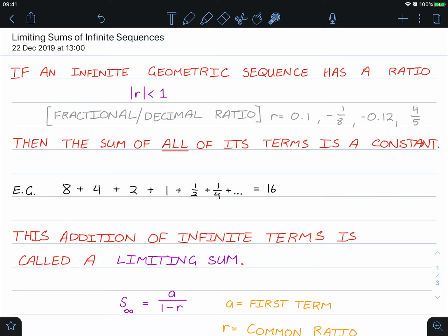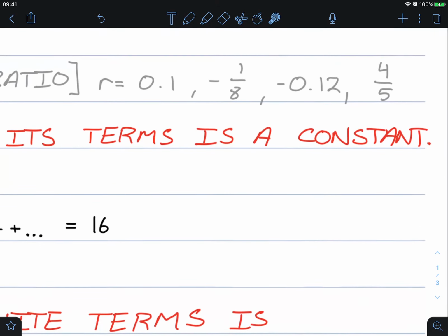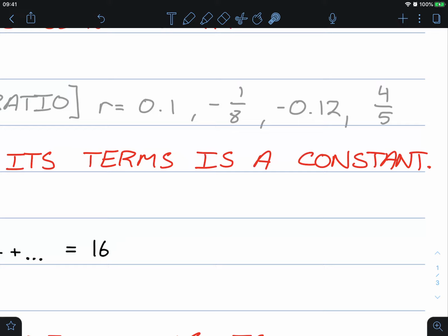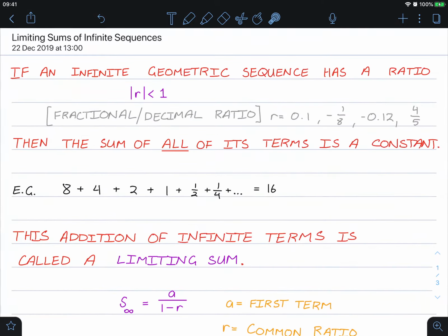If an infinite geometric sequence has a ratio with absolute value r less than 1, which pretty much means it's a fractional or decimal ratio, like 0.1, negative 1 over 8, negative 0.12, and so on. So long as it doesn't have any whole values.